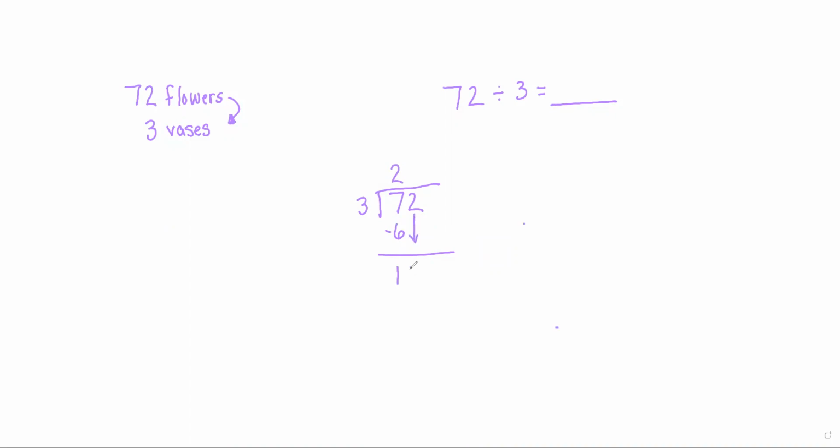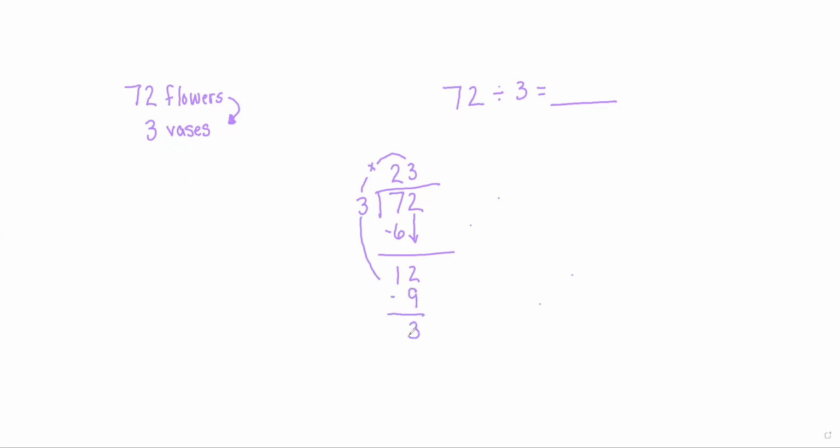Drop down my 2. And the next is I want to know how many times 3 goes into 12. Again, this is where multiplication facts come in to help you out. Let's try, well, we know it's more than 2 because 2 times 3 is 6. So let's try 3 times. 3 times 3 is 9.